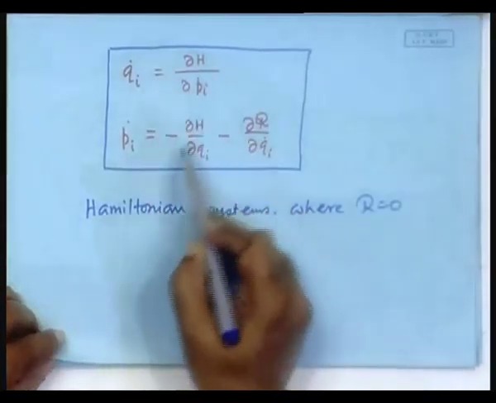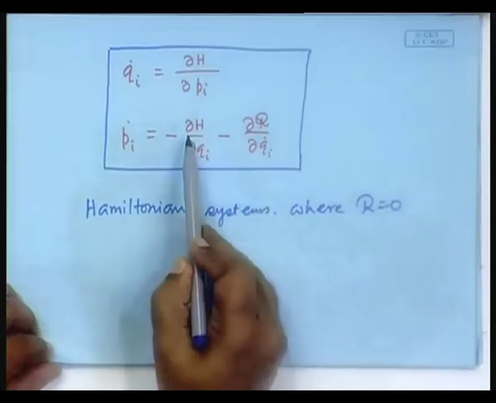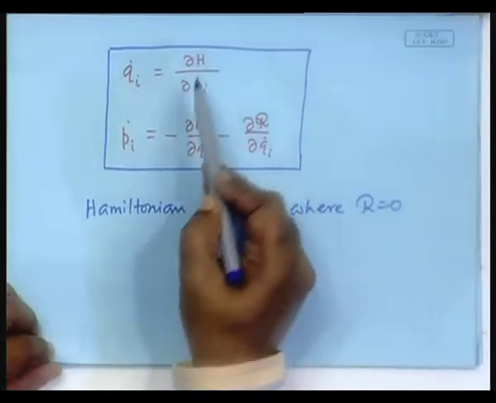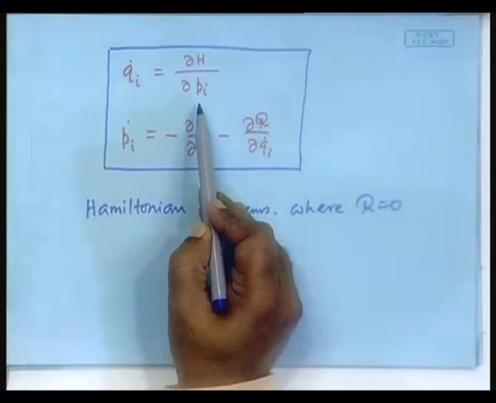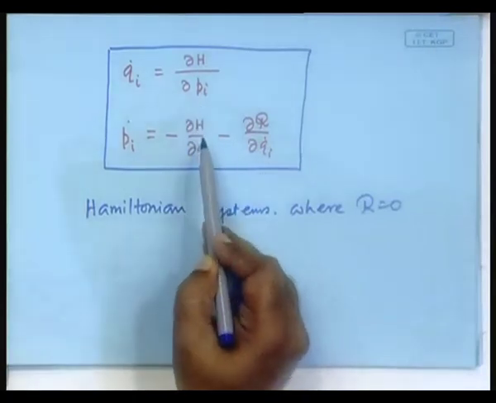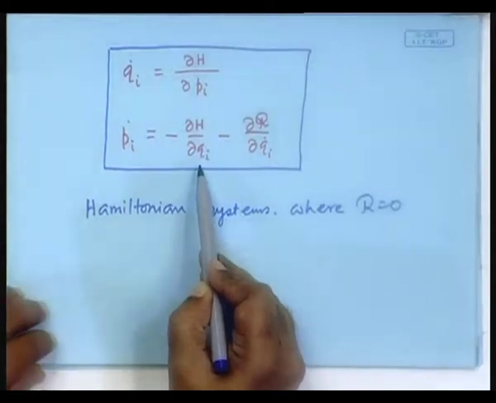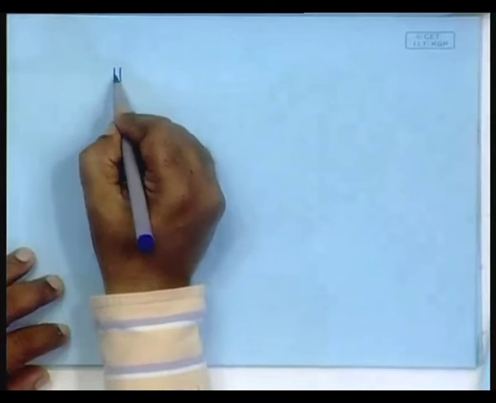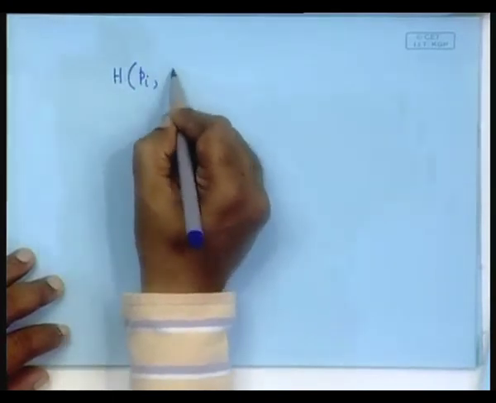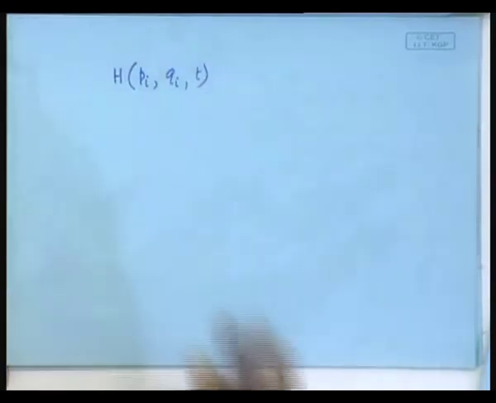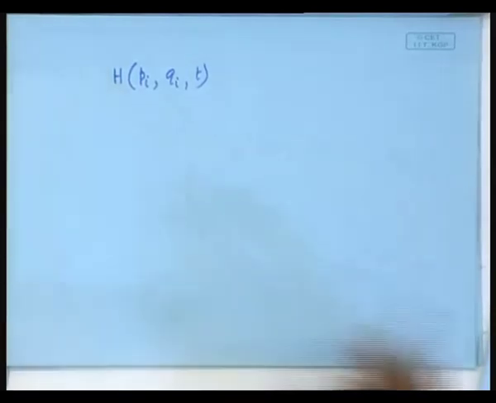Notice that in the Hamiltonian formalism, we need to write down the right hand side, and that means H has to be expressed so that we can take derivatives with respect to Pi and with respect to Qi.